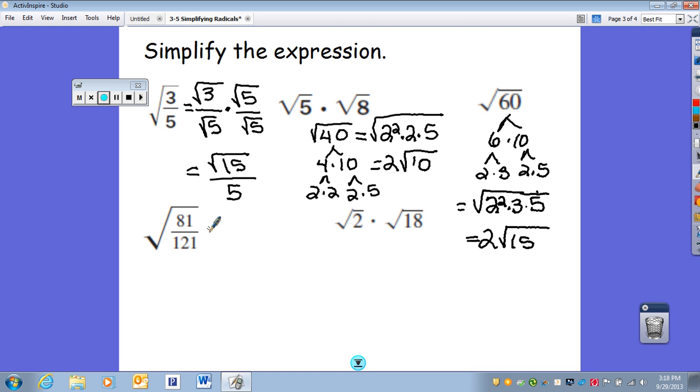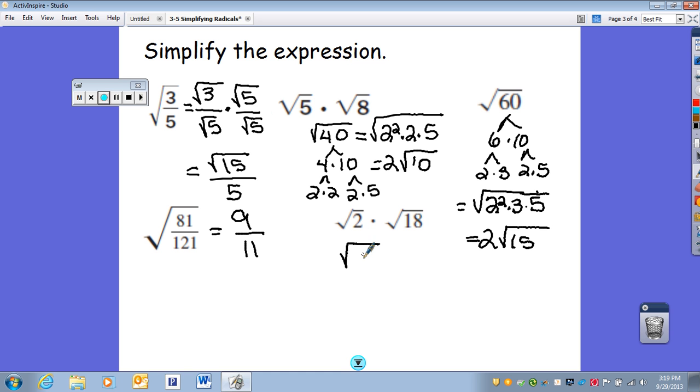In our next example, we have the square root of 81 divided by the square root of 121. Right away, I recognize that the square root of 81 is 9, and the square root of 121 is 11. So this one simplifies right away. In our next example, we have the square root of 2 times the square root of 18.